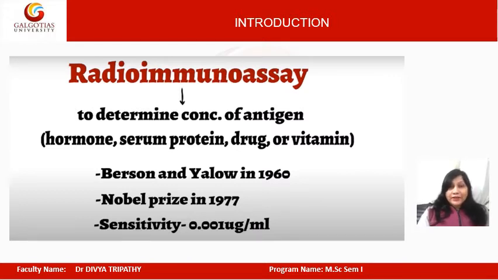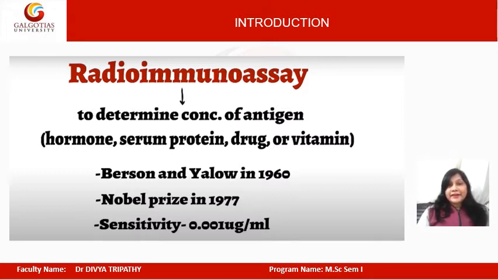The radioimmunoassay, which is the actual topic of this lecture, is the immunoassay that uses radio-labeled molecules in a stepwise formation of immune complexes. The radioimmunoassay is a very sensitive in vitro assay technique that is used to measure the concentration of substances. It is a quantitative type of assay that usually measures antigen concentration, for example hormone level in blood, by using antibodies.